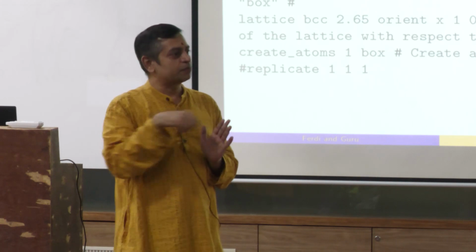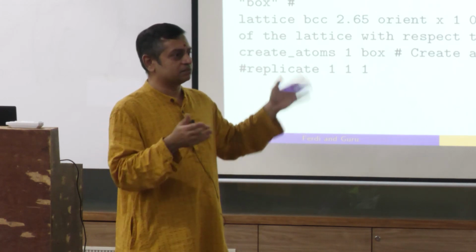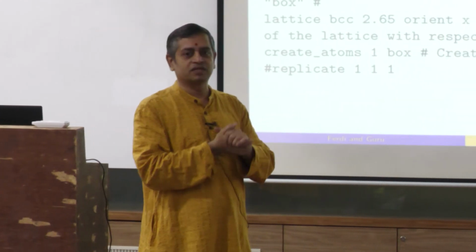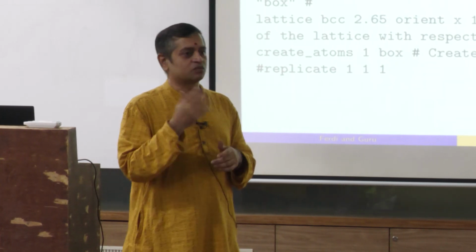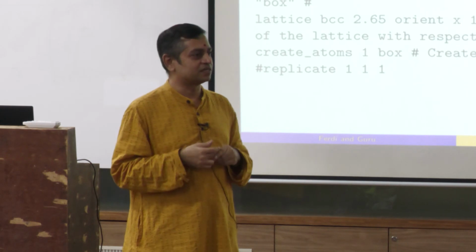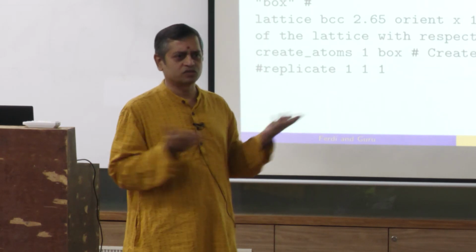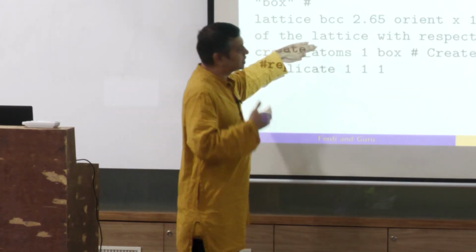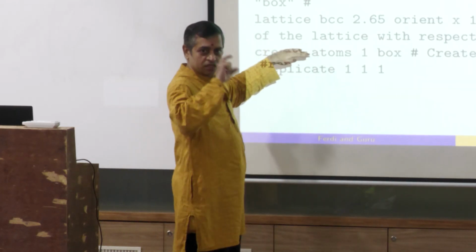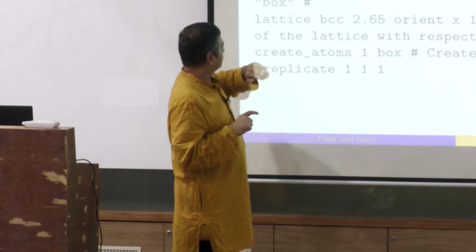So, 3 perpendicular directions. So, you can align x with 1 1 bar 2 and y with 1 bar 1 0 and z with 1 1 1 or z with bar 1 bar 1 bar 1, whichever one you want you can align. So, this is just orienting the lattice with respect to the simulation frame of reference.